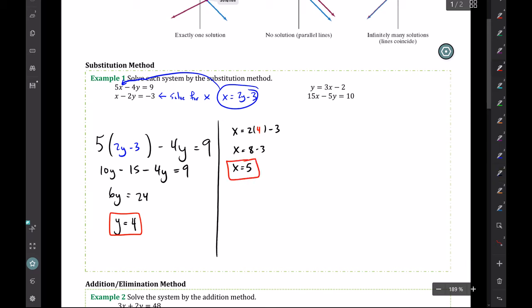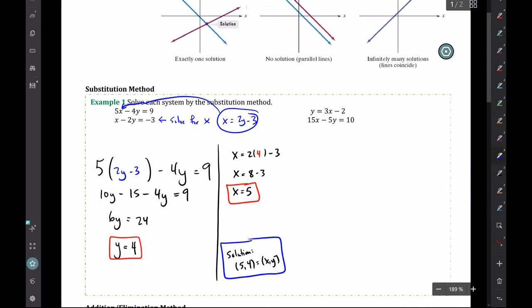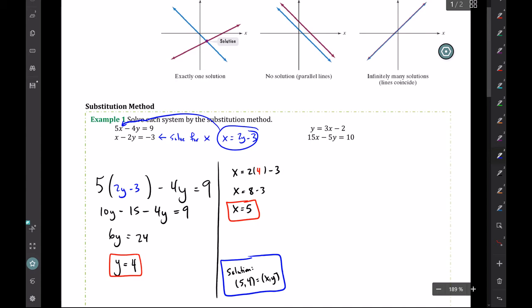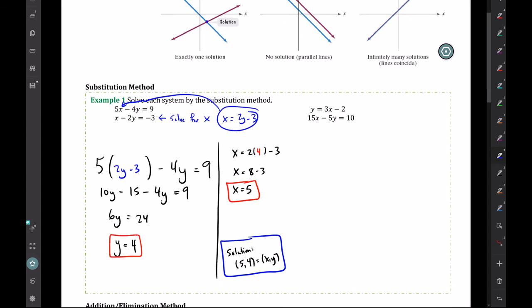My solution then is the point (5, 4). For this problem, we were in the first case: there's one point of intersection between those two lines.